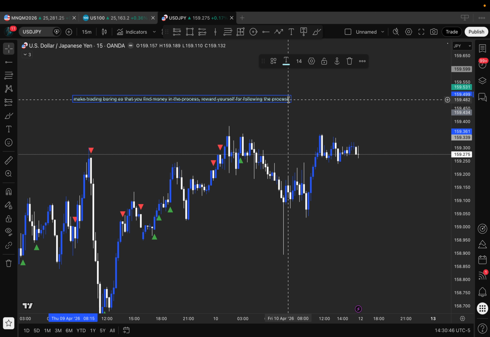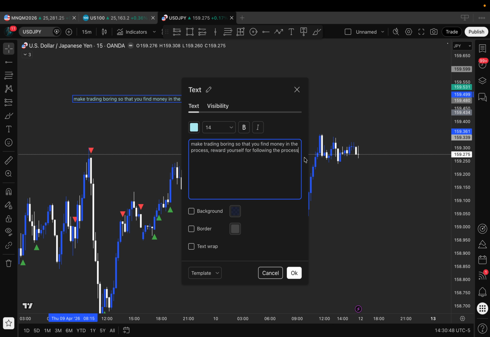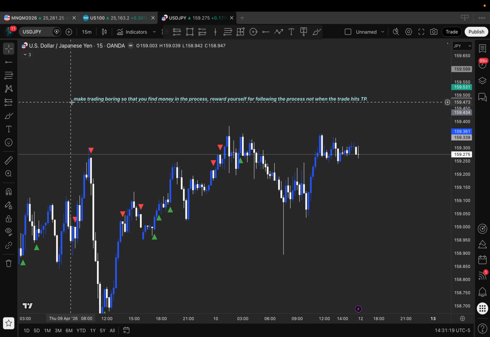Reward yourself for following the process, not when the trade hits TP. This should make sense: make trading boring so that you find money in the process.